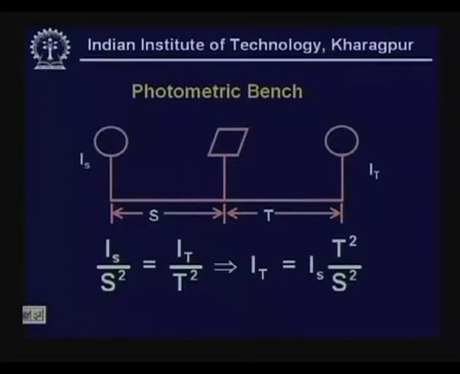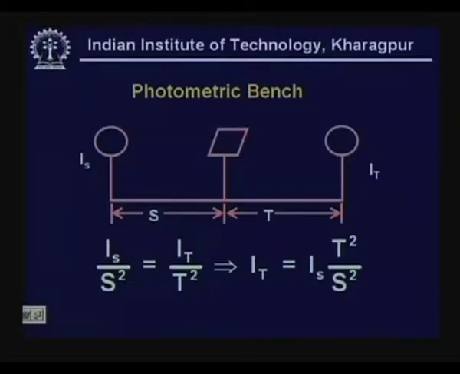Then one can say the brightness is the same on the screen on either side. The brightness can be expressed using which law? The inverse square law of illumination, which says at any point x away from a source I, the illuminance is I by x squared.